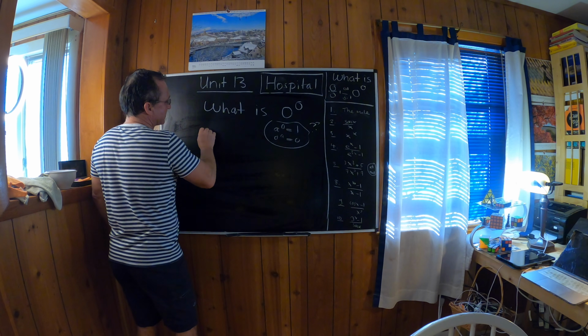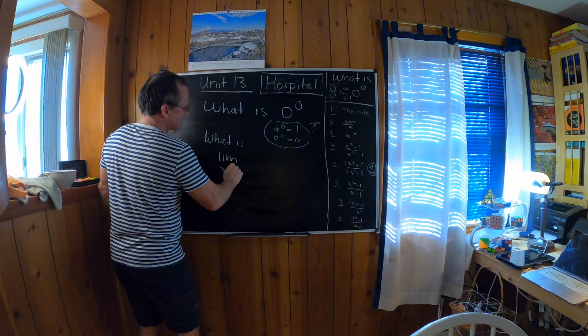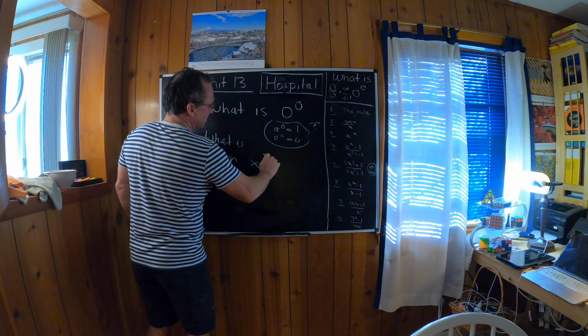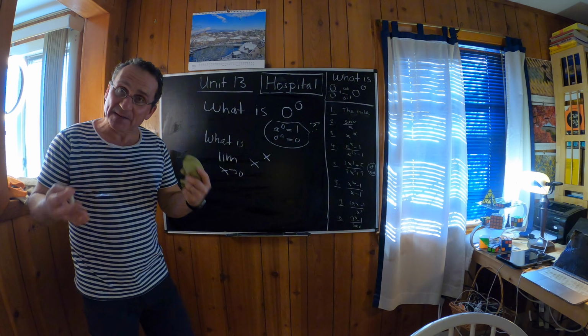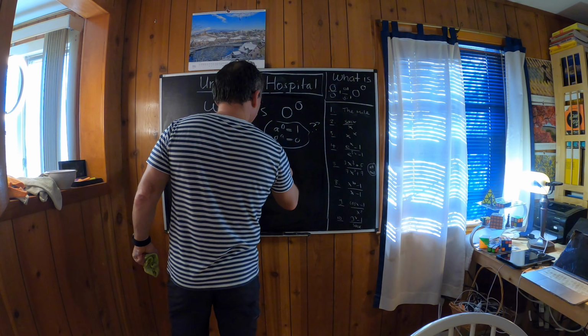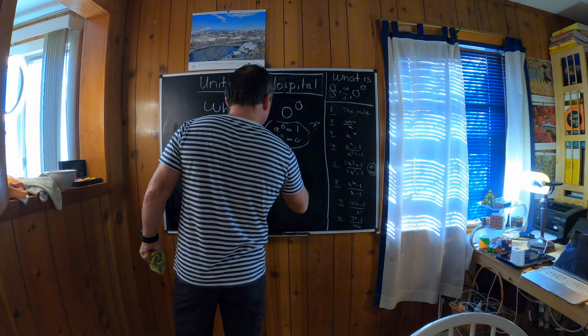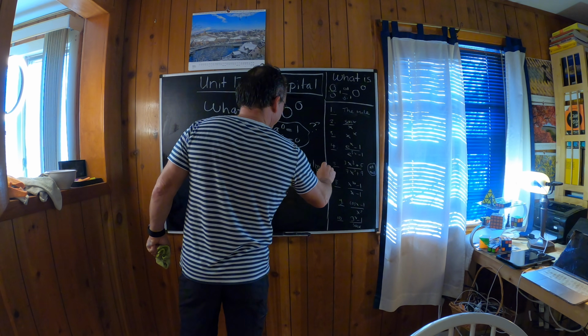But we can say, what is the limit when x goes to 0 of x to the x? That's now a well-defined question. We can answer this. Maybe the limit doesn't exist, but we will actually see the limit exists, because what we can write is, this is the limit x goes to 0 of e to the x times log x.